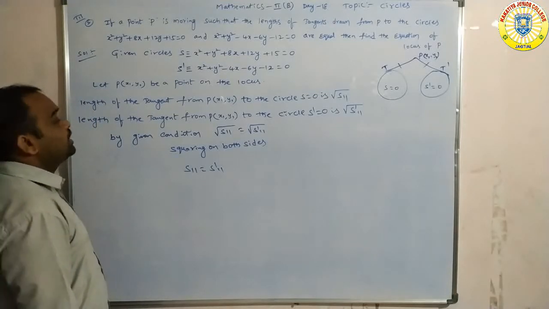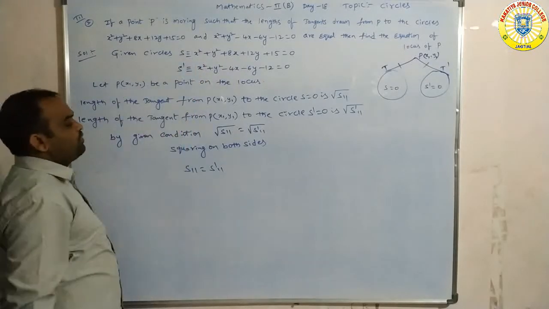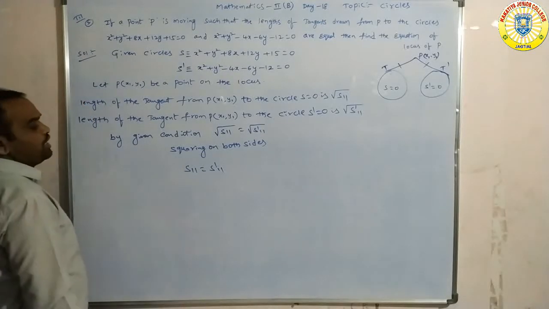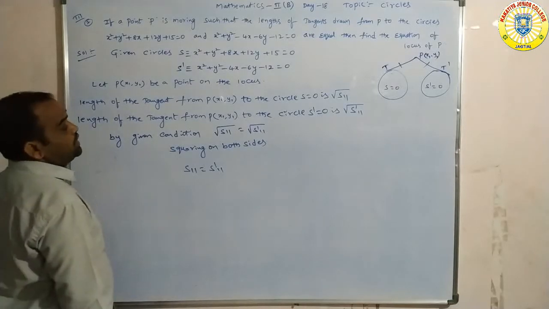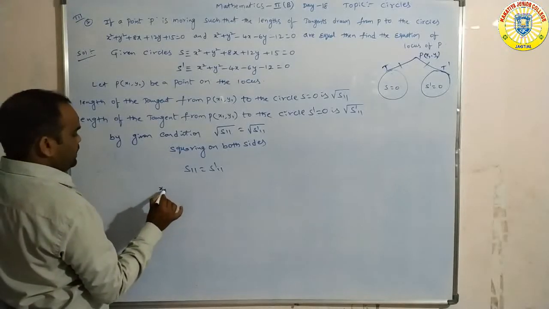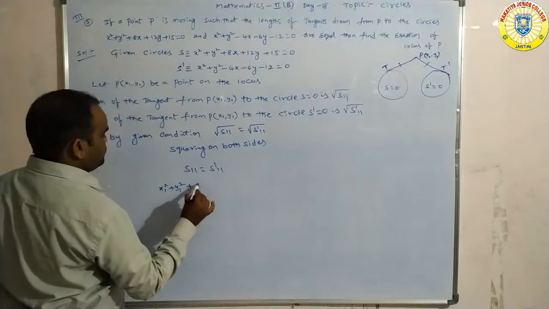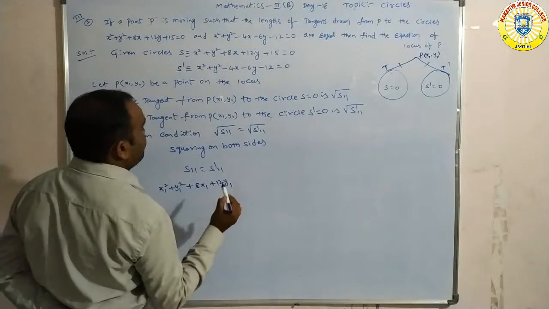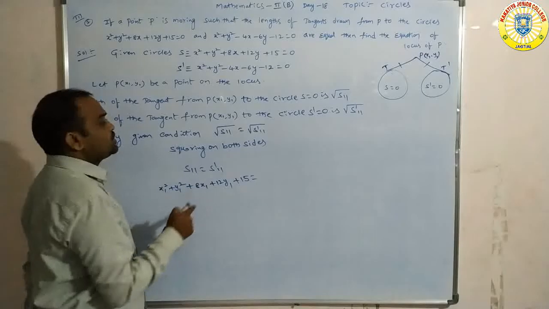Here next, first we are finding S11. Already we know the notation of S11: x1 square plus y1 square plus 2gx1 plus 2fy1 plus c, that is called S11. S11 we are writing x1 square plus y1 square plus 8x1 plus 12y1 plus 15 is equal to S dash 11.